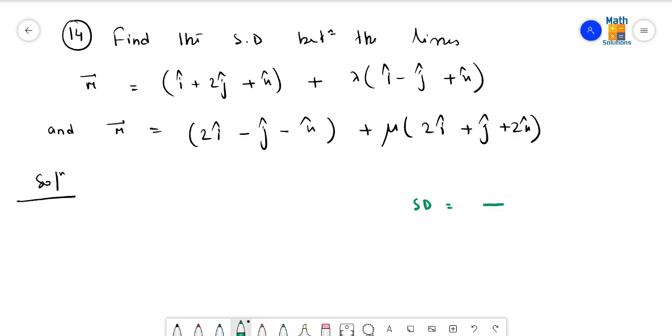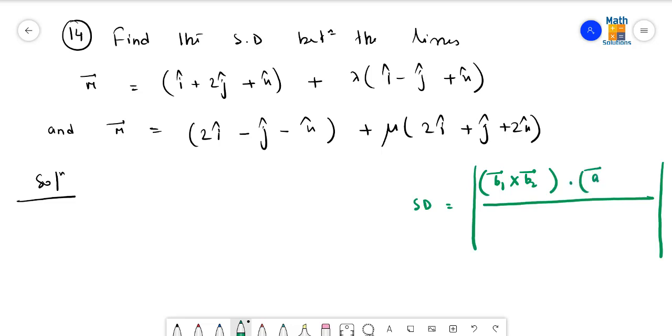It is equal to modulus of vector b1 cross vector b2 dot vector a2 minus vector a1, divided by modulus of the cross product of vector b1 and b2. So for this, first of all we have to find out what is a1, what is a2, what is b1, what is b2. All of you know how to get this.